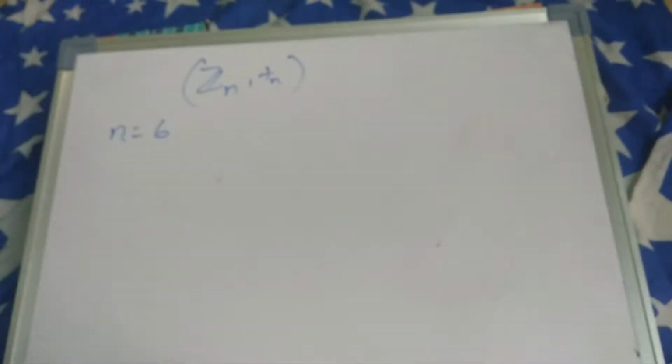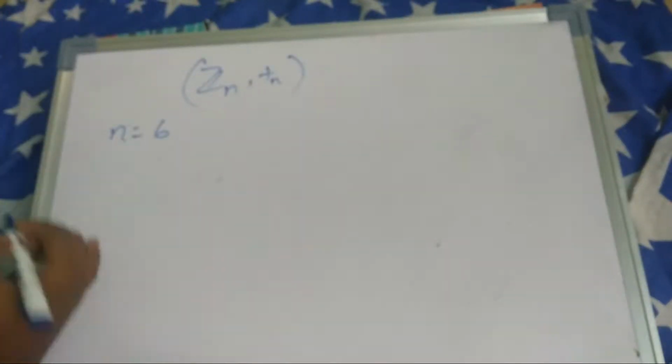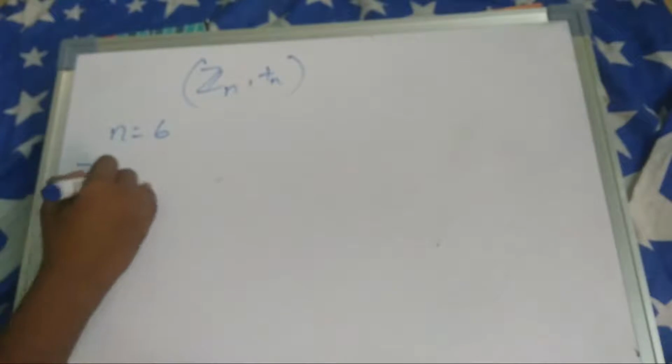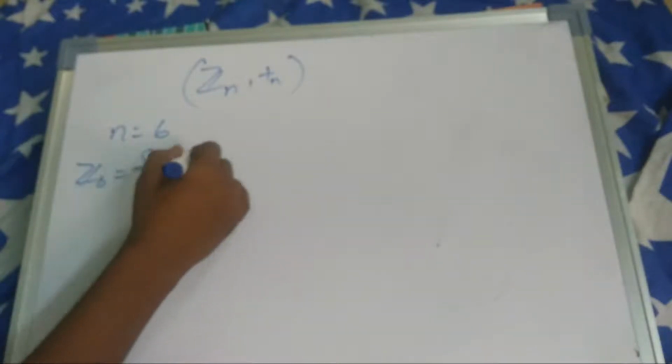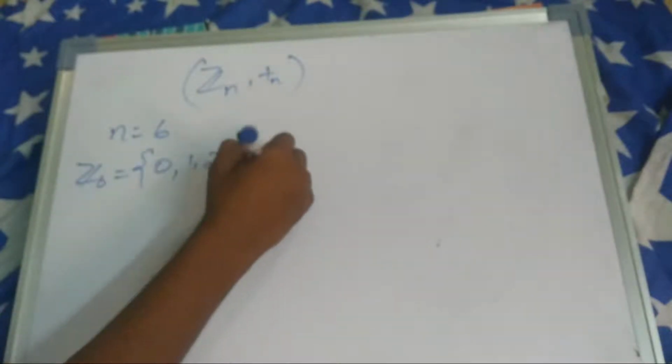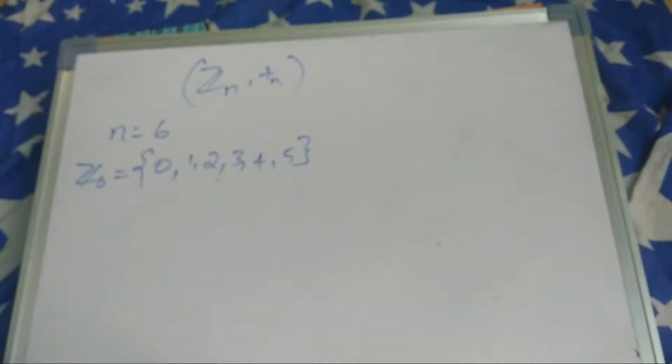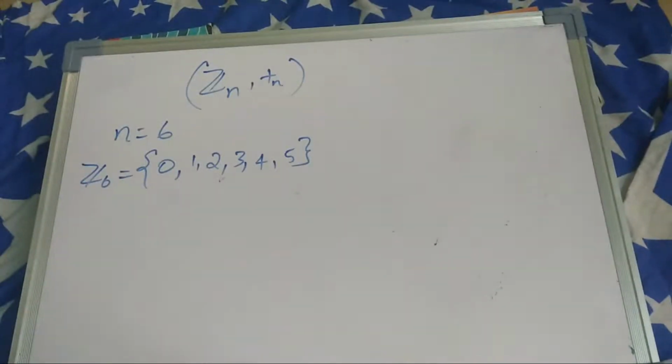Let me do one part of it and you please try to do the other part. Z6 will contain 6 elements: 0, 1, 2, 3, 4, 5. Now what we are going to do is find the subgroup generated by every element in this set. That is our aim now.